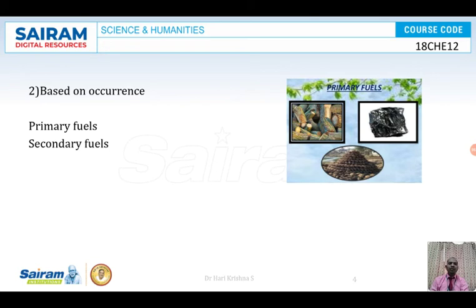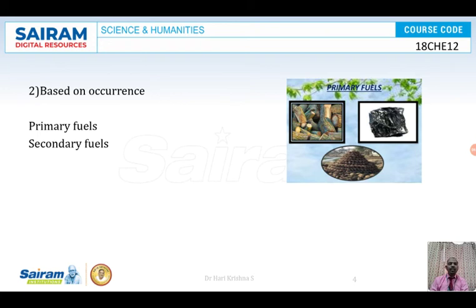How is coal formed? When plant and animal remains buried under the earth undergo anaerobic degradation for years together, they get converted to coal. If you leave it further, this coal will undergo further anaerobic degradation for millions of years and will get converted to petroleum products.